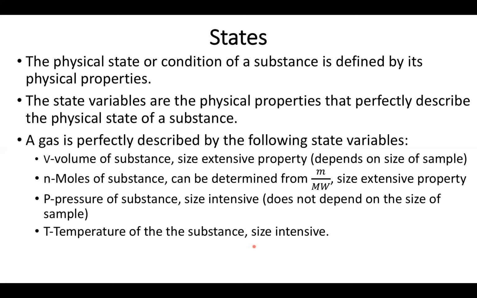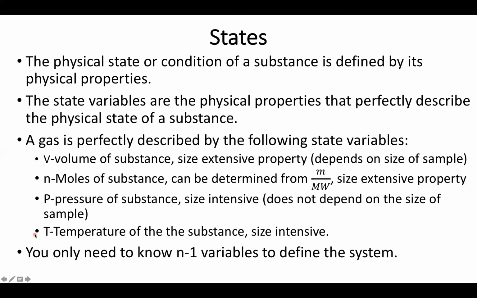Now, this gives us four variables along with the identity of the substance, including the fact that it's a gas, that can again perfectly describe our gas system. But it turns out that I only need n-1 variables to perfectly define the system. And this gets into this idea of state equations, because I should be able to generate a state function or an equation of state that perfectly describes volume in terms of the other three.